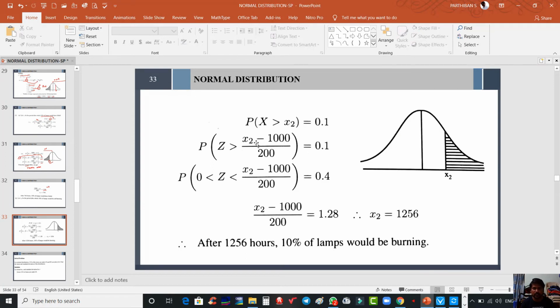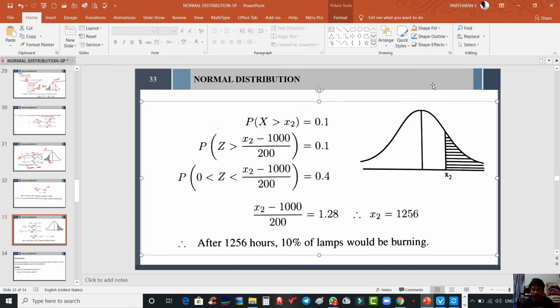As usual, the probability of z greater than (x2 minus 1000) divided by 200 equals 0.1. Using the symmetry property and adjusting the terms, this can be written as 0 less than z less than (x2 minus 1000) divided by 200.